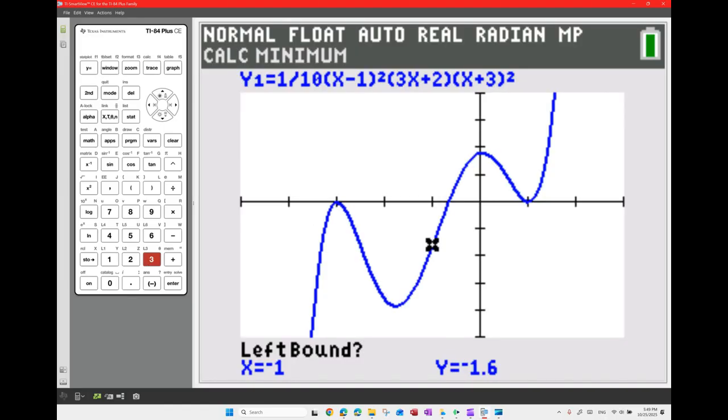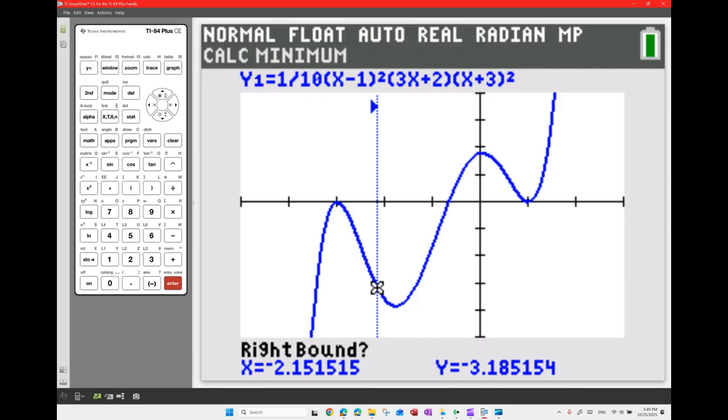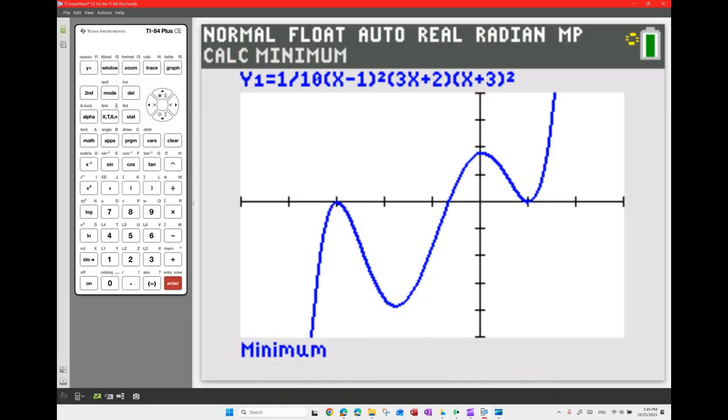It's going to ask you two questions, left bound, right bound. So I'm going to go to the left of the point that I am looking for, press enter to validate. I'm going to the right and press enter to validate, and then somewhere in between for the guess, and then press enter, and here we go.